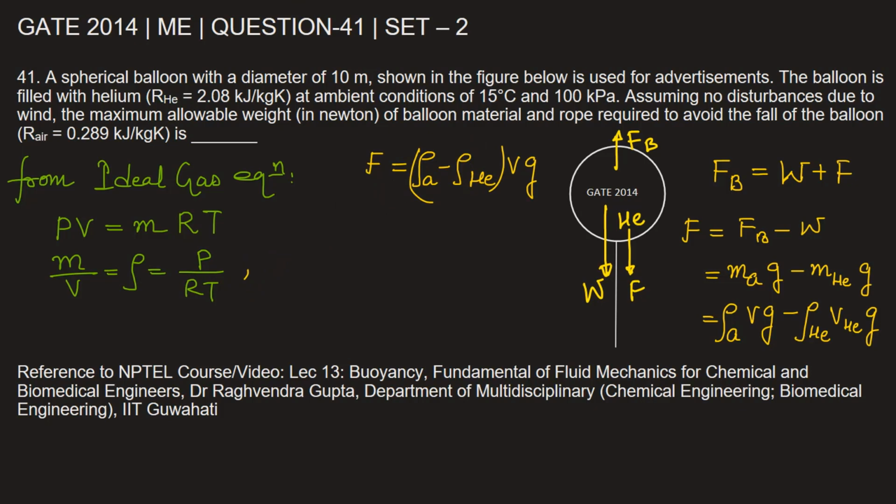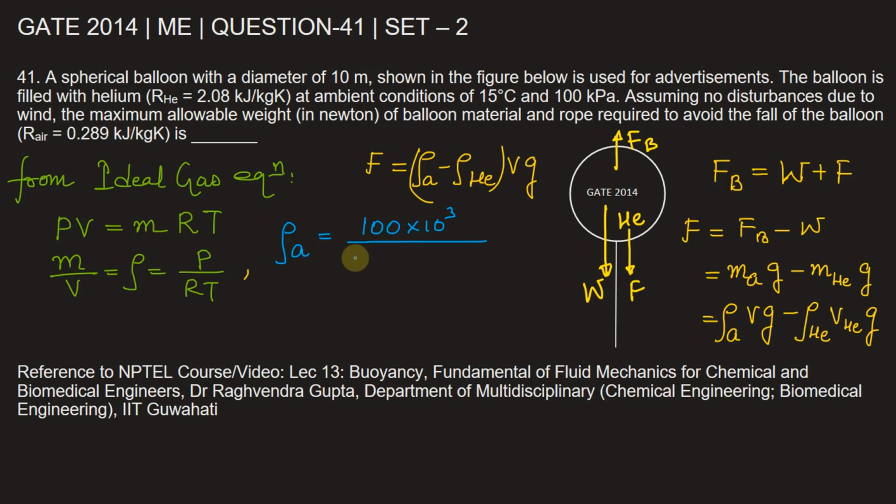So let's find the density of air. Density of air will be pressure of air divided by R, the gas constant of air, into the temperature. Now the pressure is 100 kilopascal, 100 into 10 to the power of 3, divided by the gas constant of air.